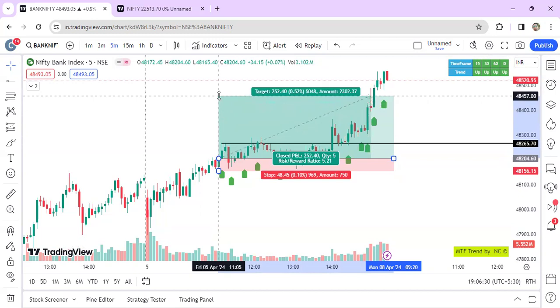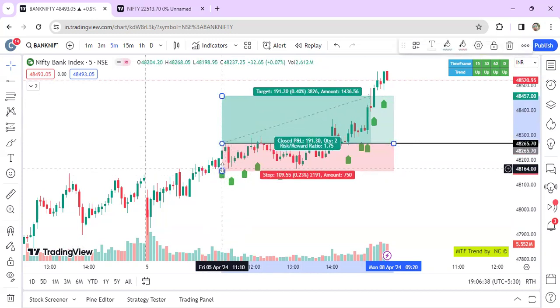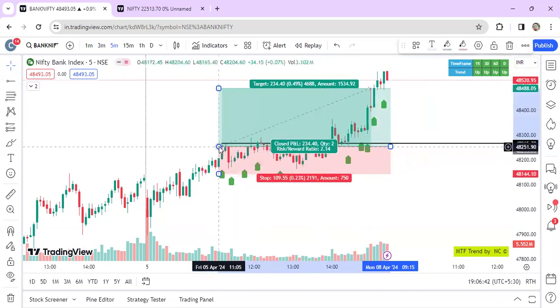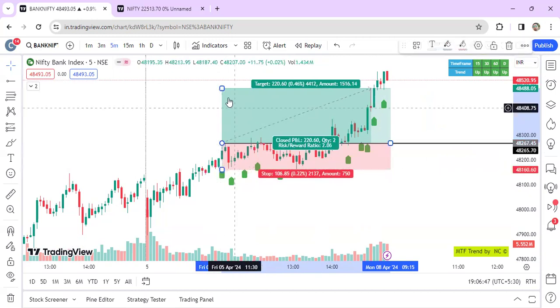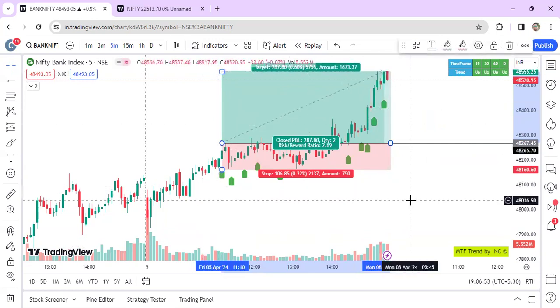See how much our reward is. So this is our entry, this is our SL, and see our reward is almost 1:3 here.